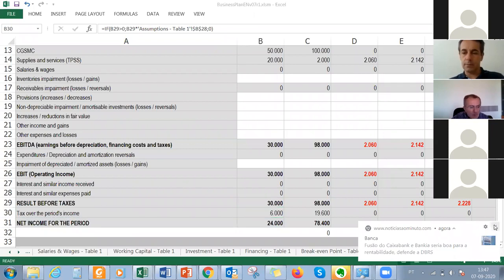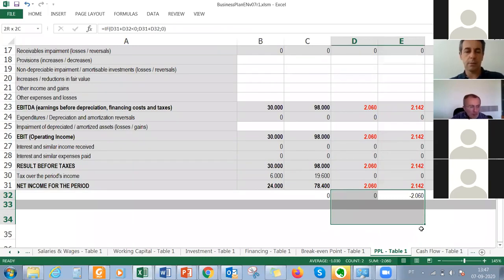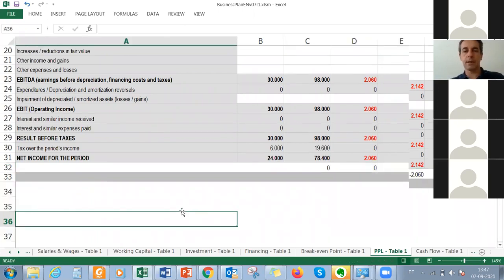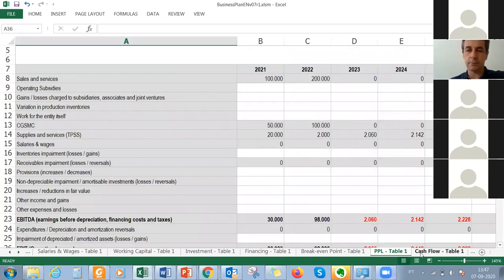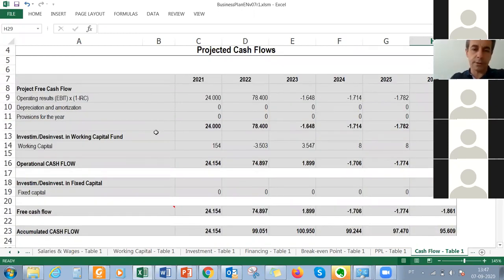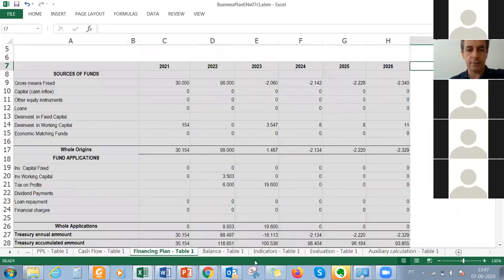In the end, as I've told you, we will end up with the financial pieces that are usually seen in financial reports at the end of the year. Also projected cash flows and even some indicators for the financial plan.